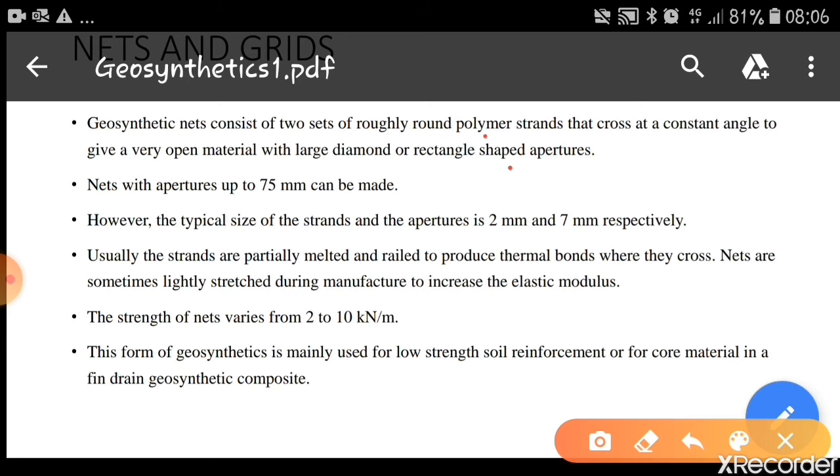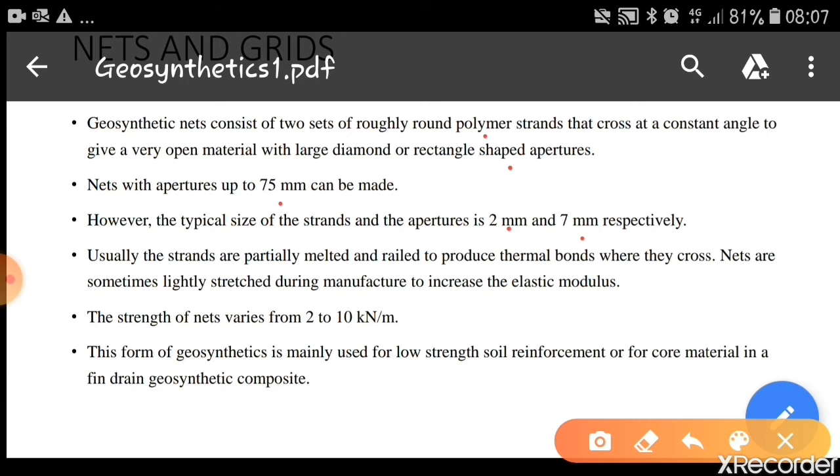When we talk about nets, apertures of up to 75 mm can be used. As far as possible, the biggest aperture size will be 75 millimeters. However, the typical size of the strands and the aperture is 2 mm and 7 mm respectively.